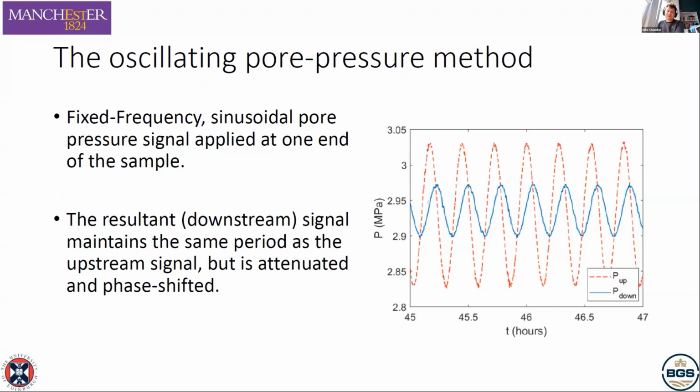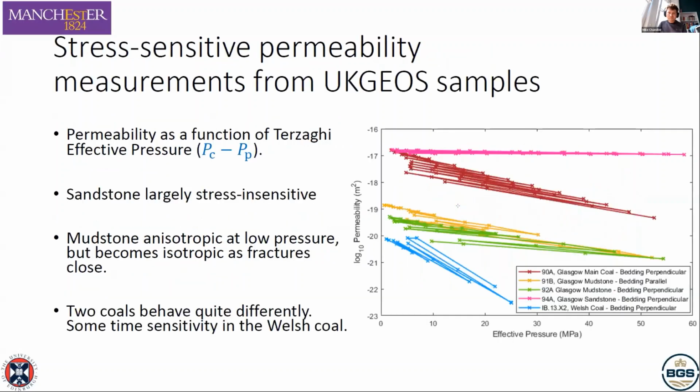And at the far end of the rock, you'll measure a signal with the same frequency, but an attenuated amplitude and some phase shift. And you can go about calculating the permeability of the rock material through the attenuation and the phase shift of these two signals.